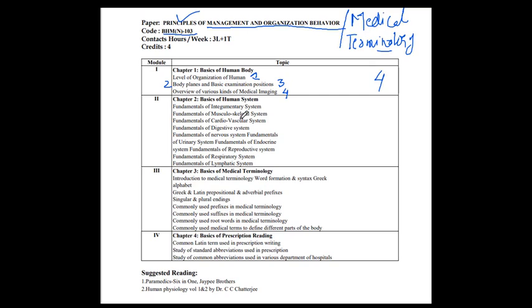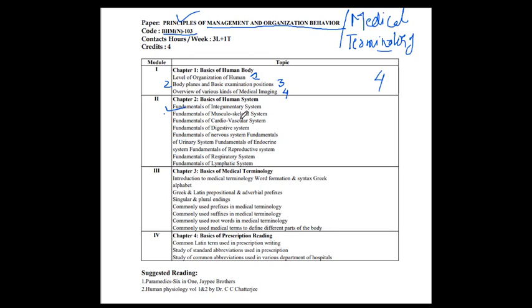Moving now to chapter number 2 or module number 2, where the basics of human systems is given. If you read the individual topics, in most of them you find a common word.